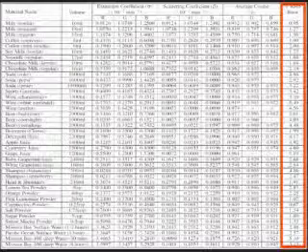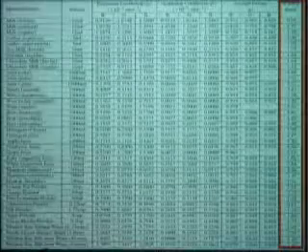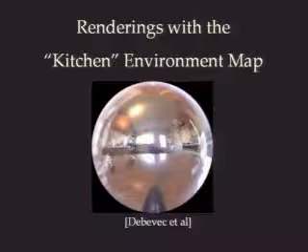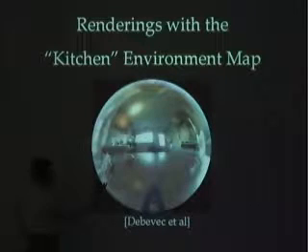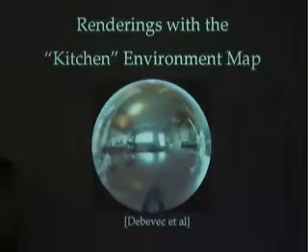So anyway, just to say that the measurements were actually very accurate, so you get most of them with 1 or 2% error with respect to the measurement that we have made. So let me show you a few renderings. The renderings I'll show you are with a cognac glass with the liquid in them and illuminated with this kind of a kitchen environment map.